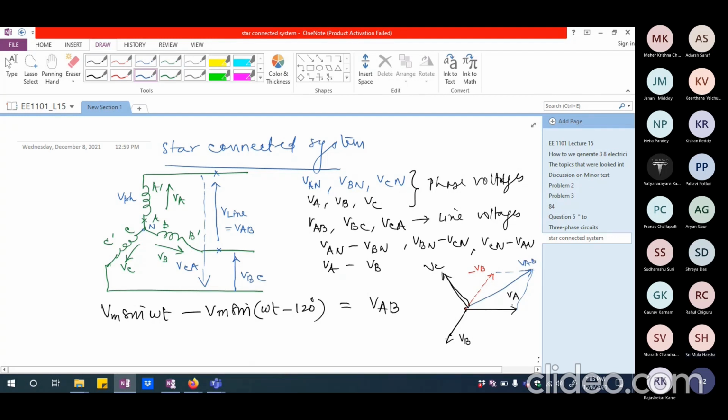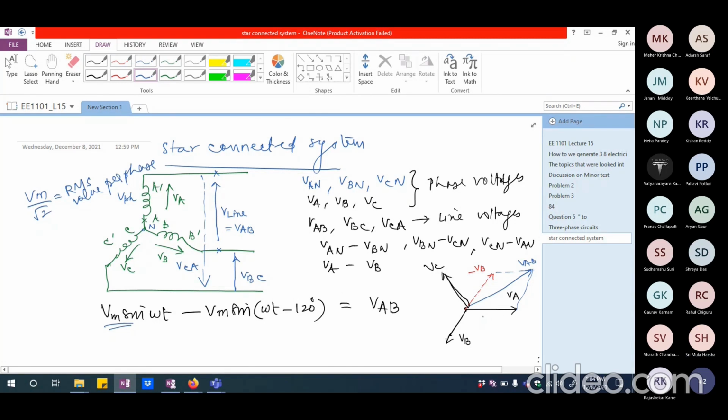If you look at it, this is VA and this is VB. If Vm sine omega t is the peak, Vm is the peak value, Vm divided by root 2 is going to be the RMS value per phase. So the RMS value per phase will be Vm by root 2.